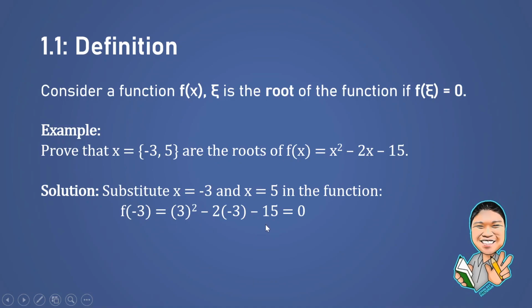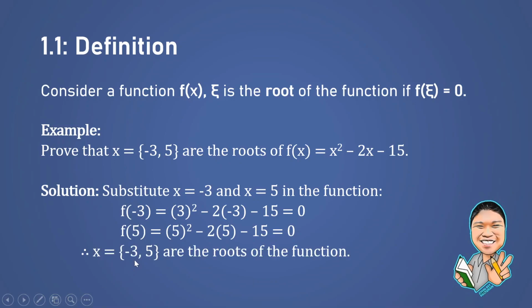Using your calculator, ang sagot natin dyan ay equal to 0. Just do the same for f of 5, that is 5 squared minus 2 times 5 minus 15 is equal to 0. So, ibig sabihin, dahil itong dalawang values na to, ang value niya kapag sinubstitute natin sa function ay 0, pwede na natin makonclude na yung -3 and +5 are the roots of the function.